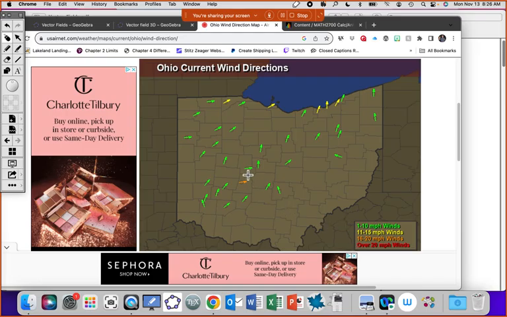So at each point, they indicate a vector, which is telling you the direction of the wind. So we're getting these winds out of the south here. Typically, when we write vectors, the length of the vector indicates the magnitude. Here, they're using color to indicate the magnitude. So if you have a green arrow here, it means the winds are between 1 and 10 miles an hour. Yellow, 11 to 15, and so on.